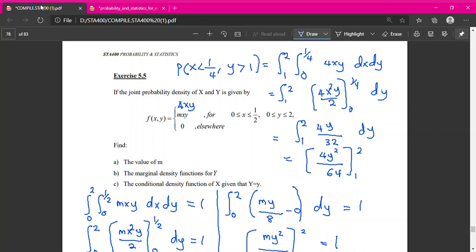Okay, let's see the example here. We know that the M is 4 tadi just now. And then try to do the B. B adalah untuk dapatkan marginal density function for Y. Okay, I erasekan all of this dulu kat bawah ni.